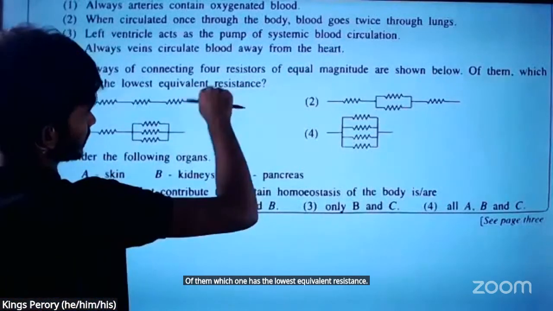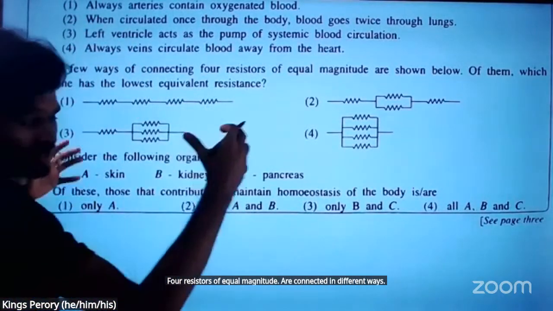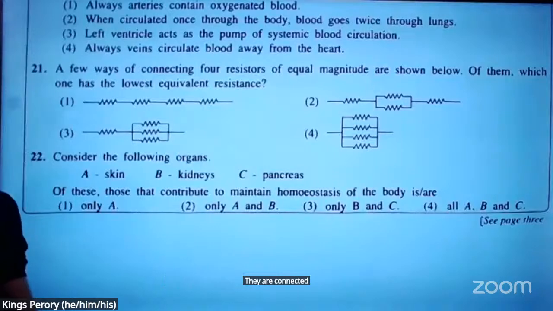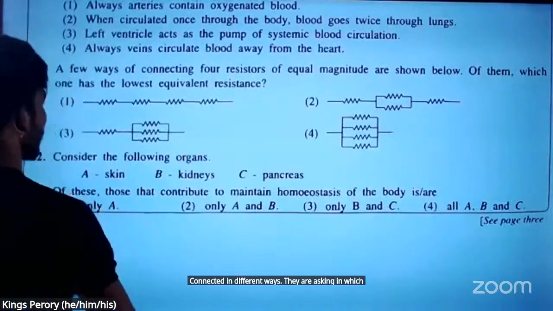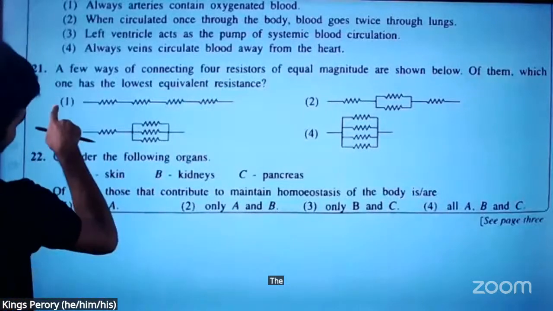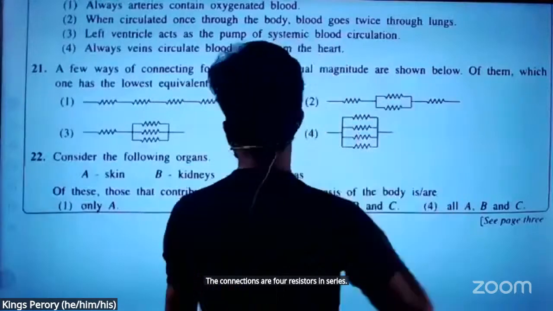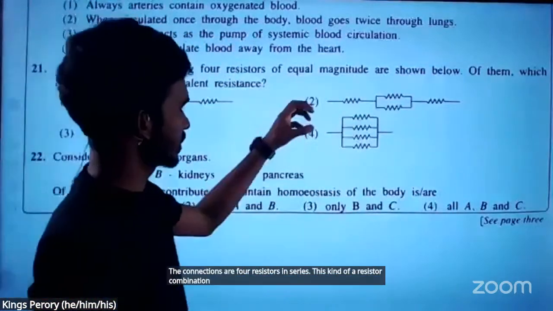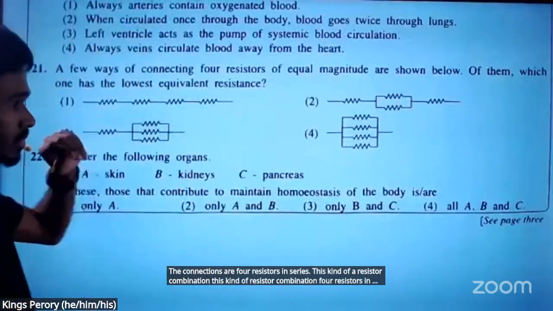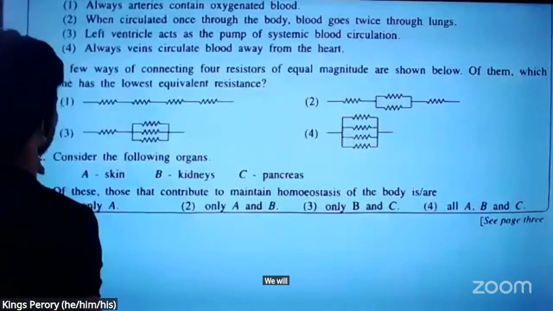Four resistors of equal magnitude are connected in different ways, and they are asking in which one the lowest equivalent resistance is there. The connections are four resistors in series, this kind of resistor combination, this kind of resistor combination, and four resistors in parallel.